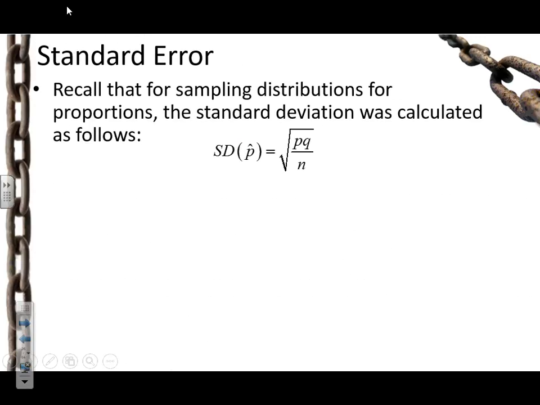Now, for our intervals, we're going to get specific with exactly what we need to calculate and what it looks like. So, remember, for sampling distributions, so this was something from Chapter 7.